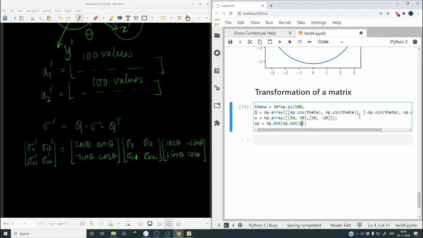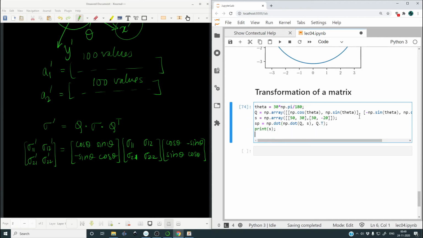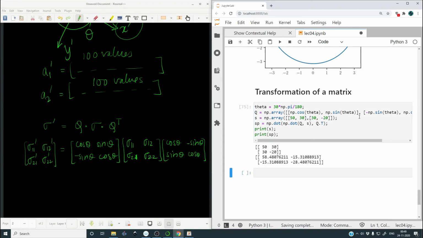This will be Q comma S, and this will be Q transpose. So let us print out S and let us print out SP. So those are the transformed elements of the matrix S when the coordinate system is rotated by an angle 30.